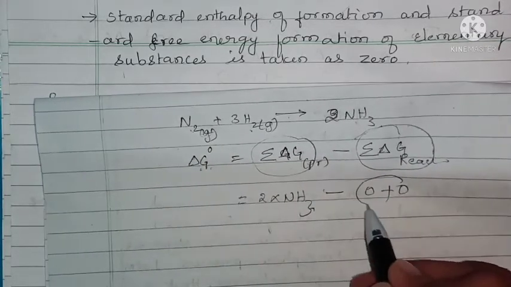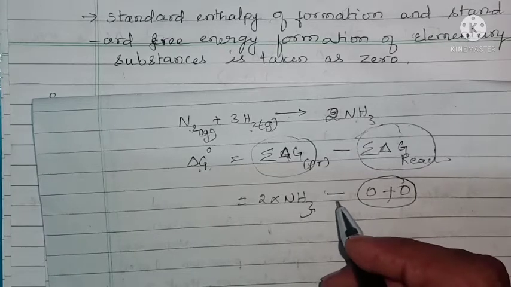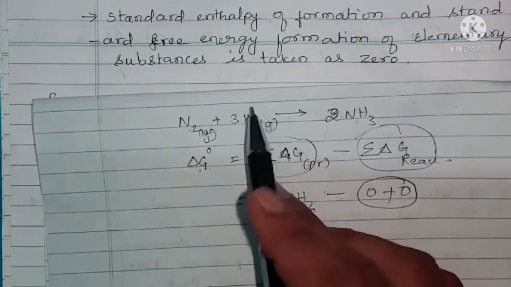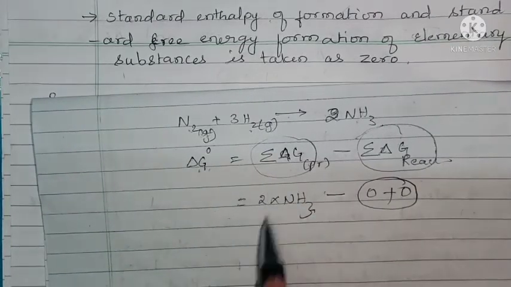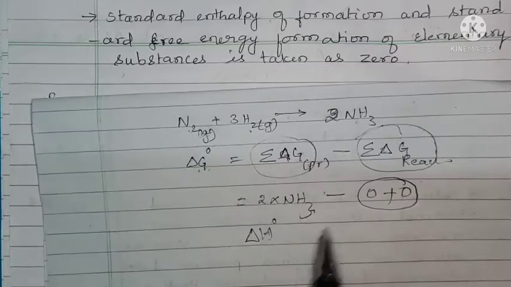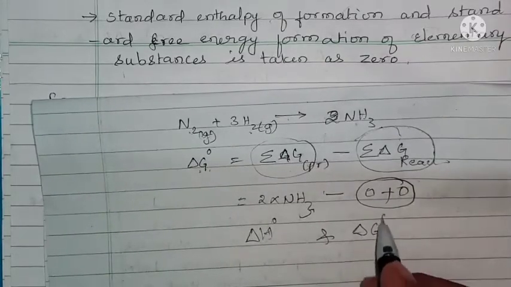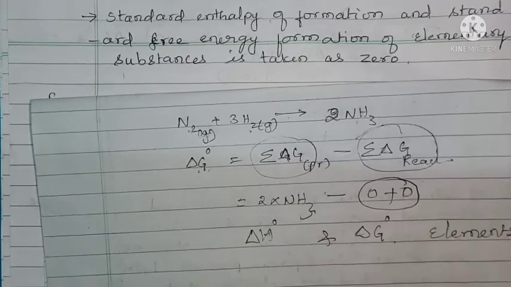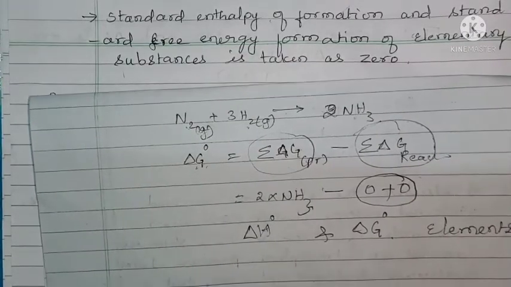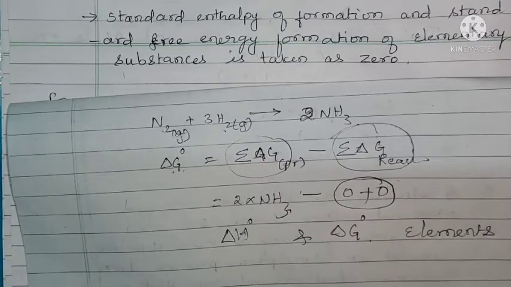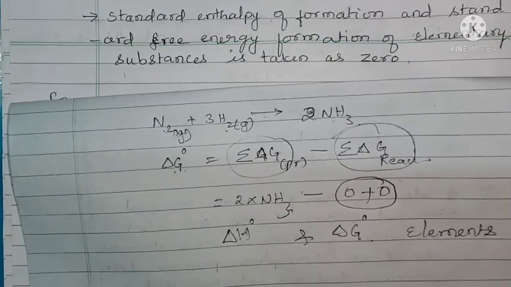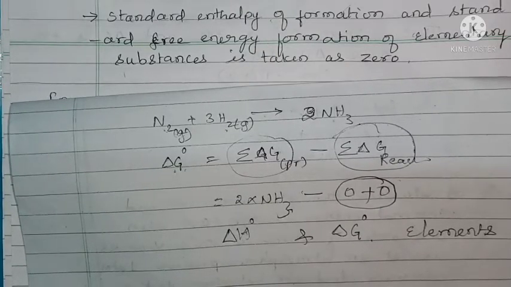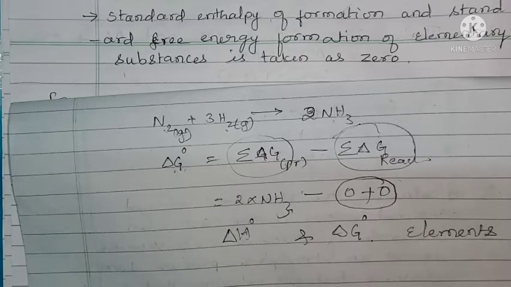So the summation of change in free energy of the reactants is 0. So it means that standard enthalpy, delta H naught, and standard free energy, delta G naught, for elements is always considered as 0 during the reaction. In any calculation, if the reactants or products are in their elemental state, then their free energy change as well as their enthalpy change is taken as 0.